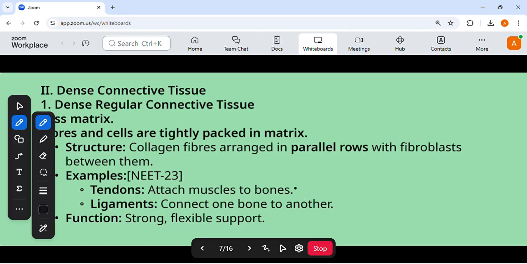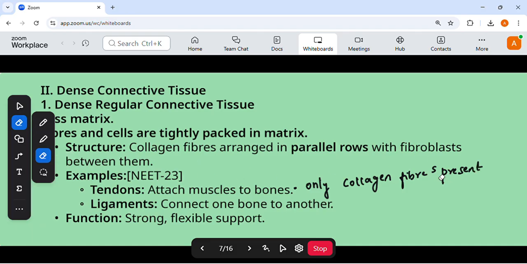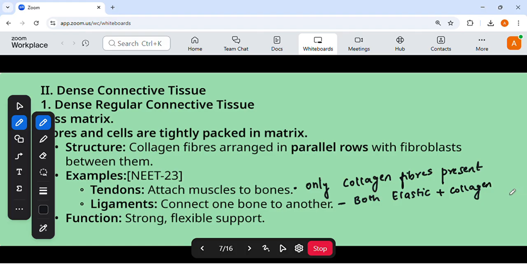Here one more point is tendon, only collagen fibers present. And in ligament, both elastic plus collagen fiber present.